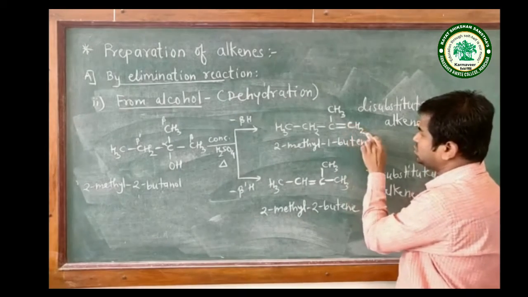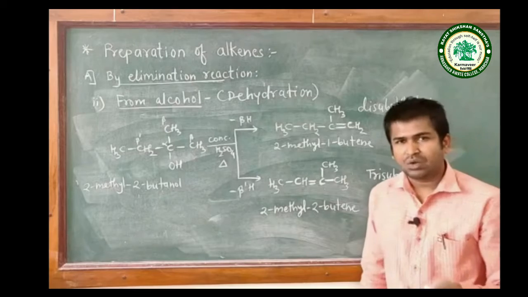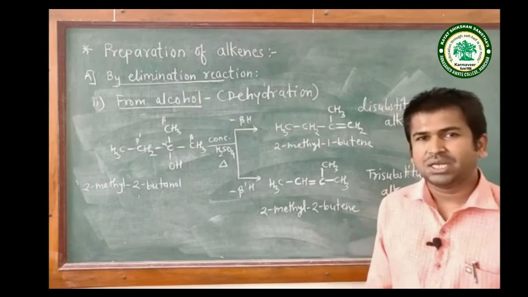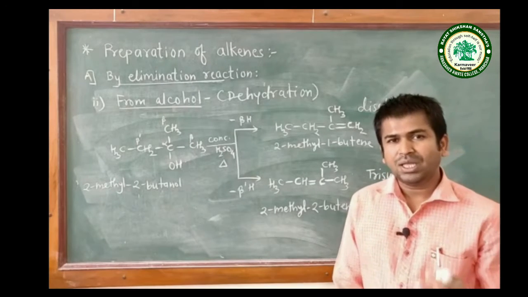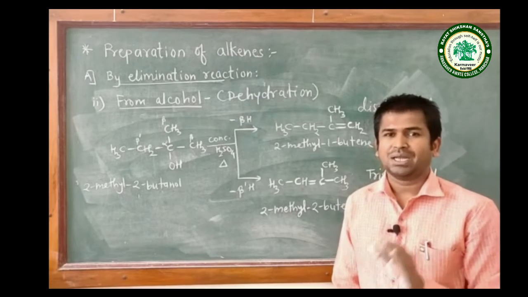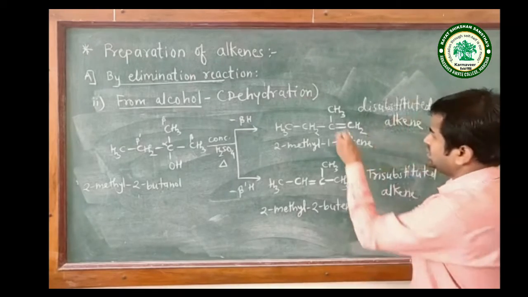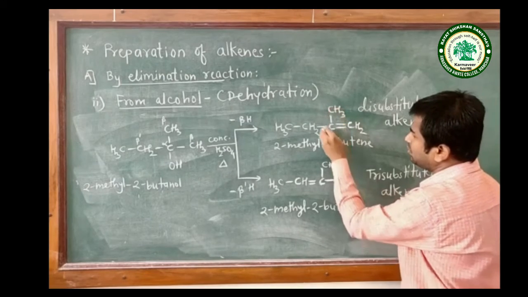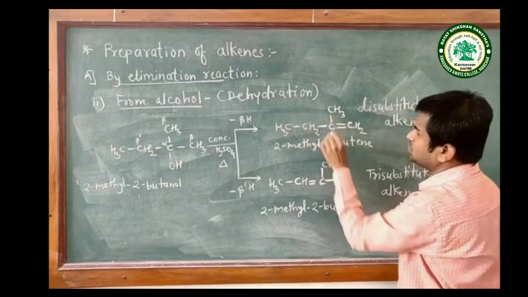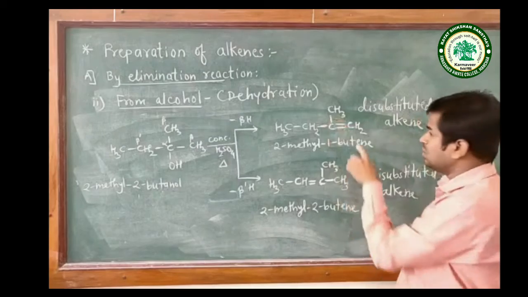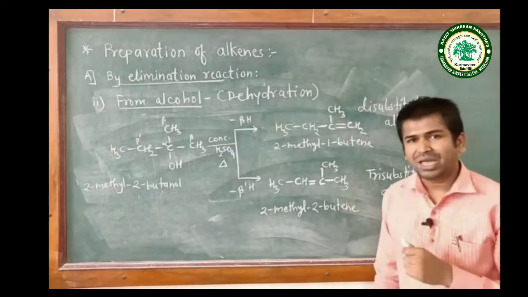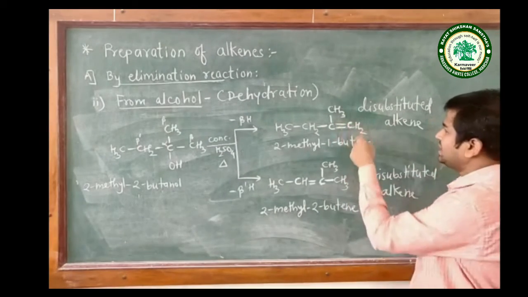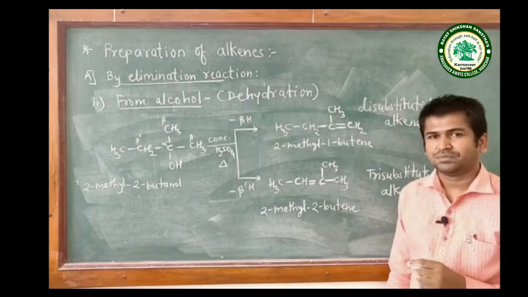This carbon bears two hydrogens. Hydrogens are generally not considered as a substituent. Only the alkyl groups are considered as a substituent. So in this case, this carbon has this methyl group and this ethyl group, so it is having two substituents, while this carbon is having only hydrogen. That means this alkene is disubstituted.